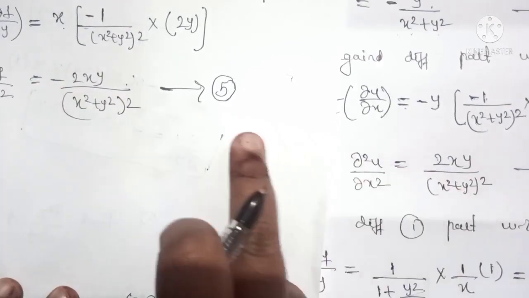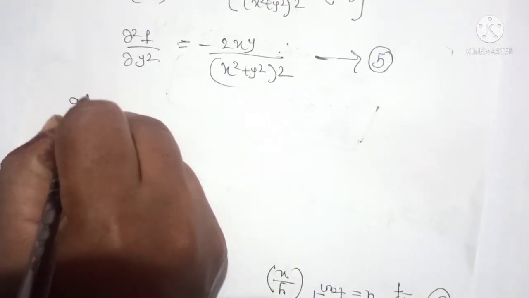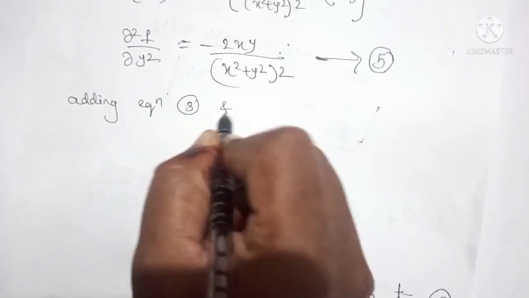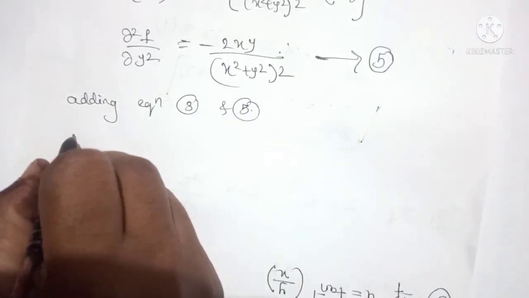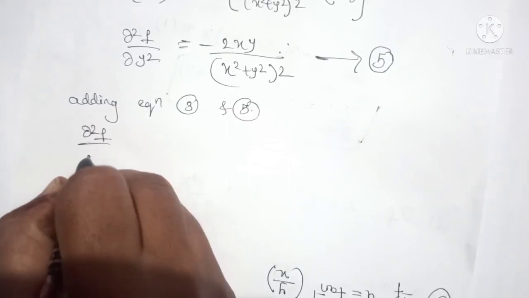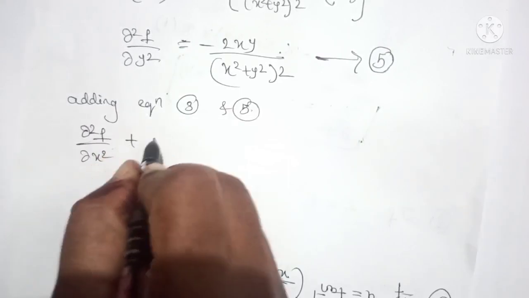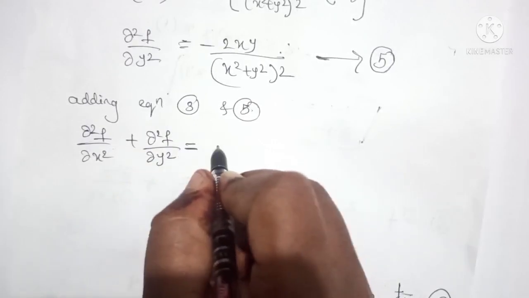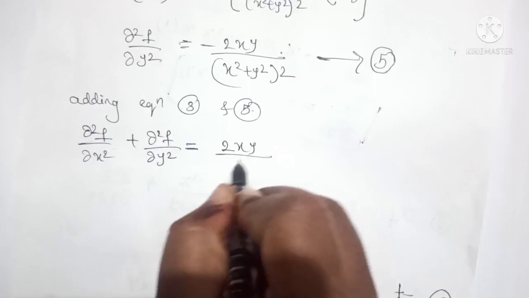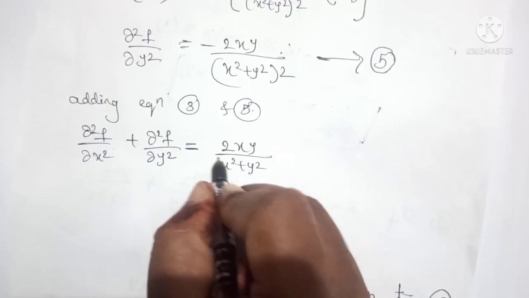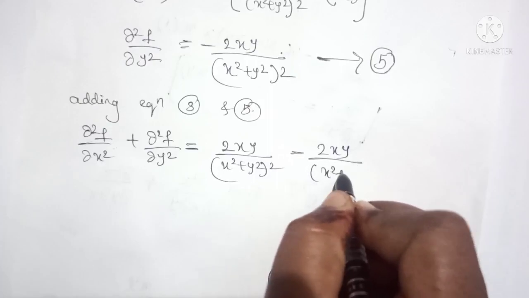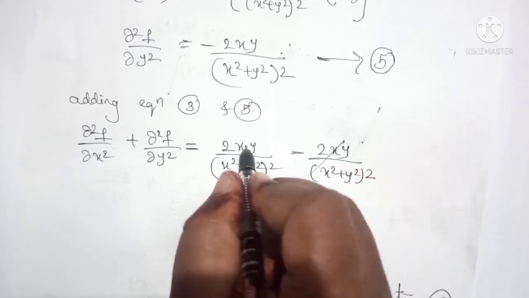So adding equations 3 and 5, we get dou square f by dou x square plus dou square f by dou y square is equal to 2xy divided by (x square plus y square) whole square minus 2xy divided by (x square plus y square) whole square, equal to 0.